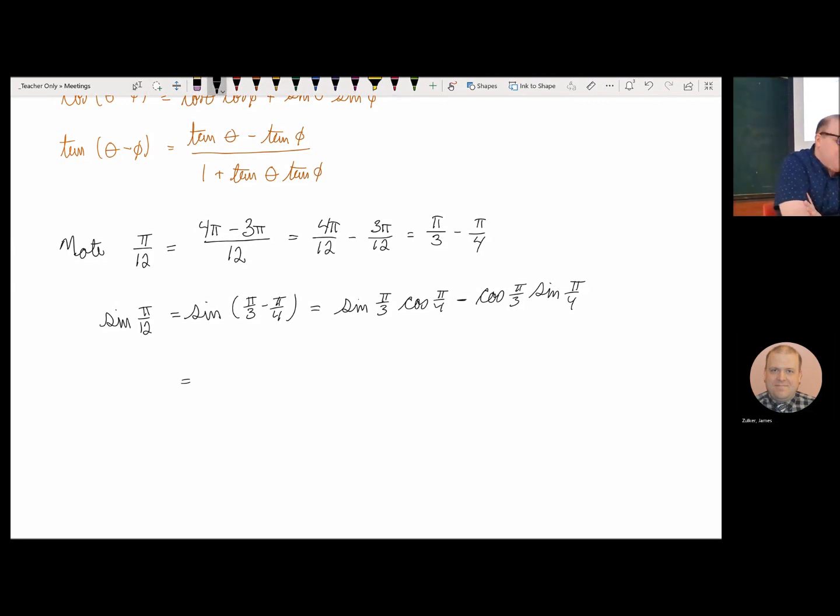Sine of pi over 3 is what? That's a 30, 60, 90. Root 3 over 2.